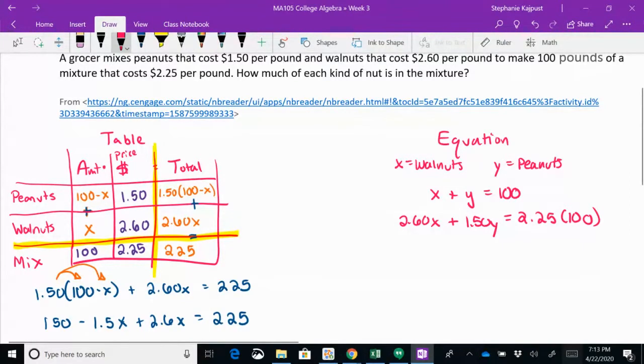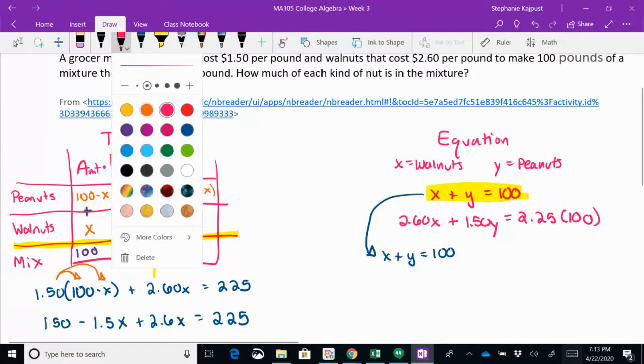So the way this works is that you take the easier equation, the smaller equation, you solve for a variable, and you plug it in, and then you're left with what you have. So I'm going to take that x plus y equals 100, and let's say we solve for y. So when we have two variables, x and y, we like to solve for y.